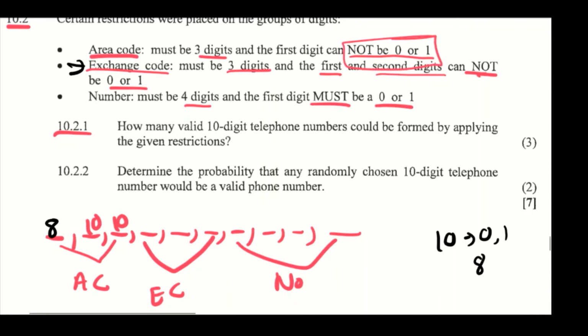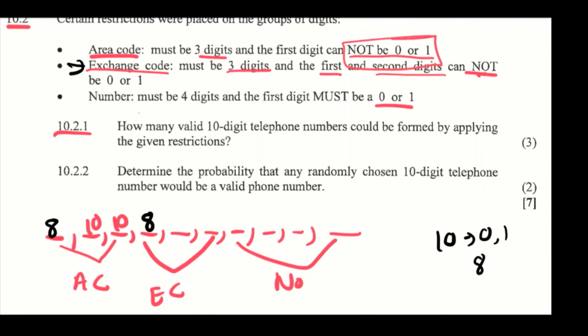And let me just erase. For the exchange code, the first and the last digits cannot be 0 or 1, which means it's also going to be 8 here. So it's going to be 8, right?